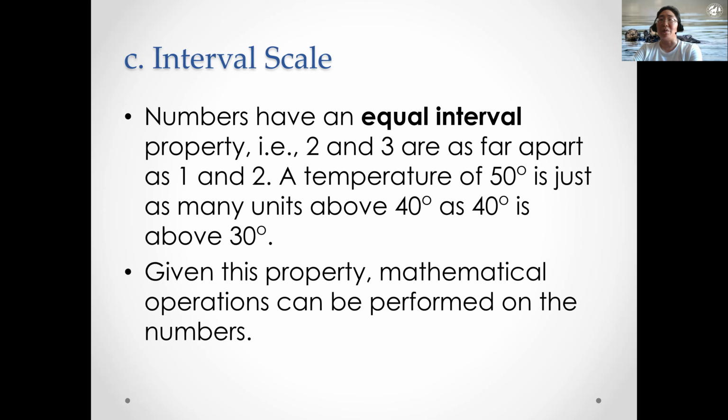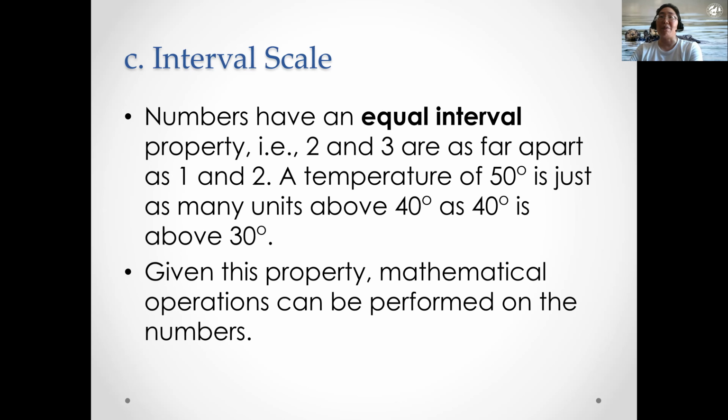So for example, if you have 0 degrees, that doesn't mean it lacks temperature. It just means it's 0 degrees, because you can have negative degrees. So you can perform mathematical operations, mean, median, and mode. You can also use different types of statistical analyses like analysis of variance, which we're going to learn about in chapter 5.